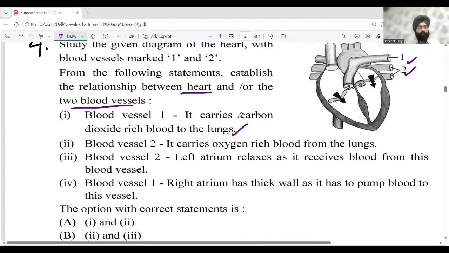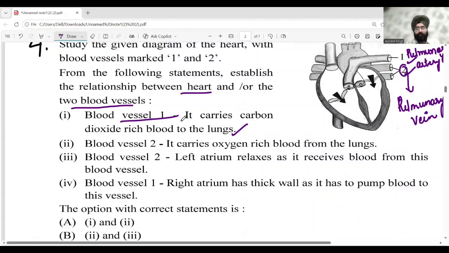First of all, you should know what blood vessel 1 and blood vessel 2 are. One is pulmonary artery, and second one is pulmonary vein. Done.